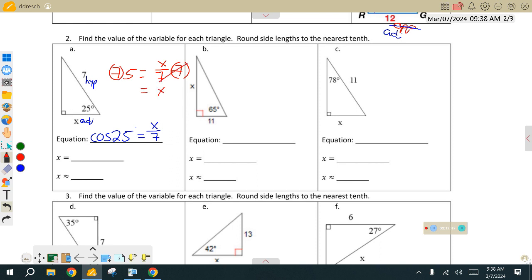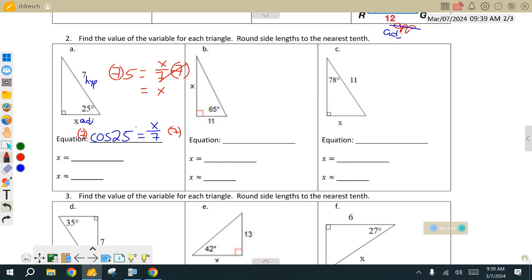It's the same idea. So what we're going to do here is multiply both sides by 7. Now, when you do that, I want you to absolutely put that 7 on the other side out front. Don't put it accidentally behind the cosine of 25. So what's going to happen?